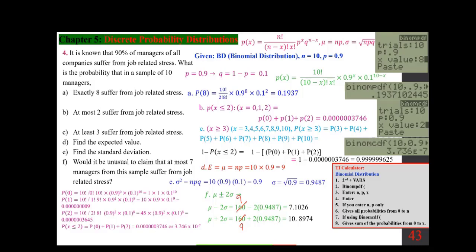Is this number, going back to this number, in between? If it is, usual. If it's not, it's unusual. Although it's extremely close, it is not in between. This means it's not an element of, this is in set theory, not an element of. It's not in between, therefore unusual, okay?